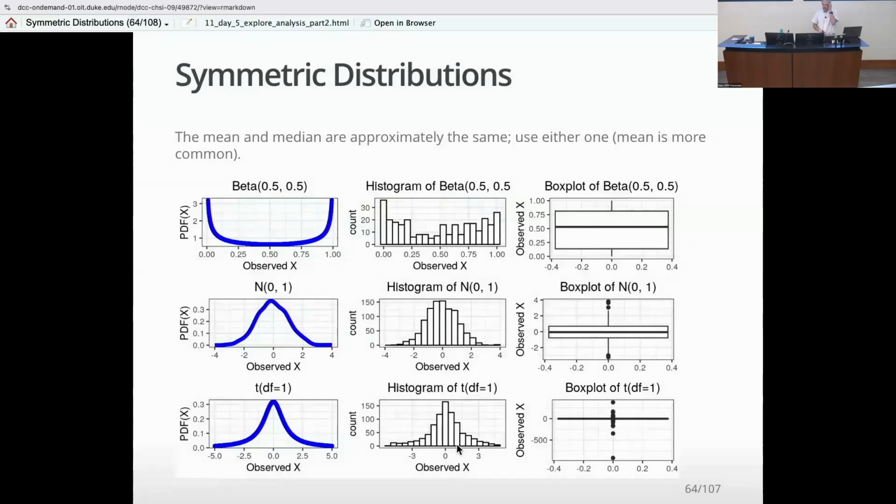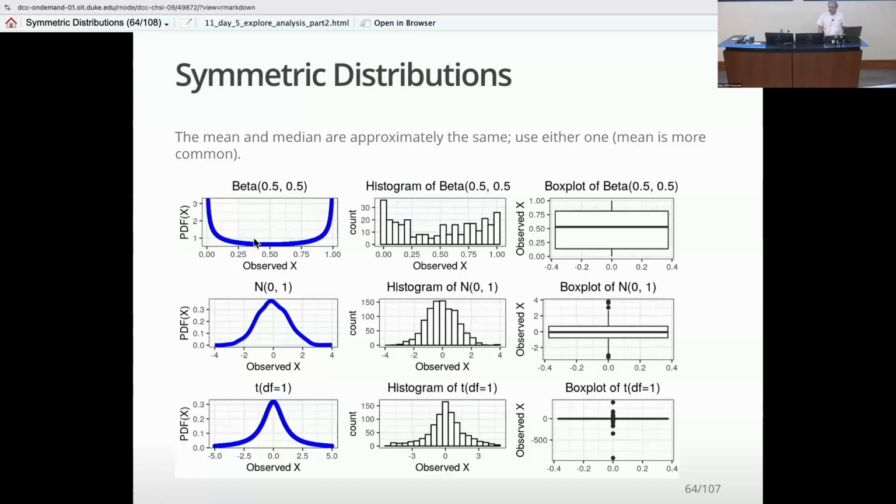So here's a symmetric, or actually several different symmetric distributions. This is a t distribution, normal. Actually looks kind of funny for a normal, but I think this is normal, and this is a beta distribution.